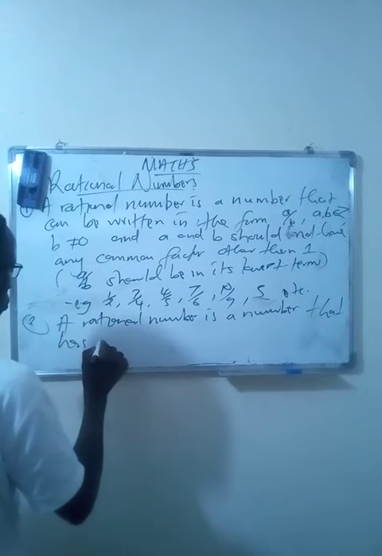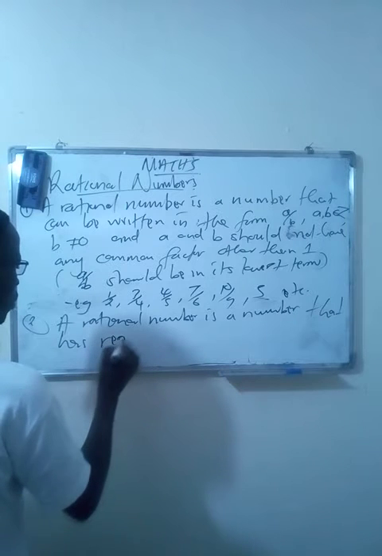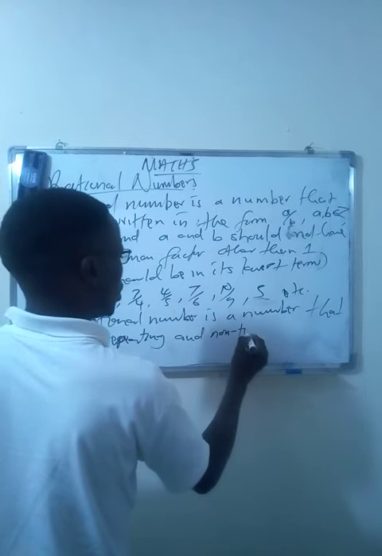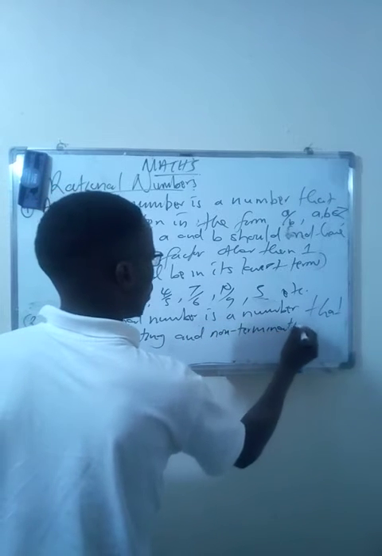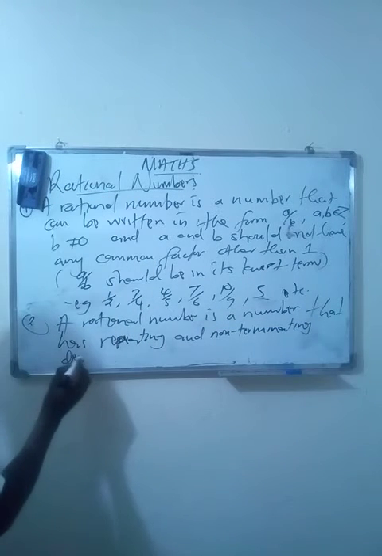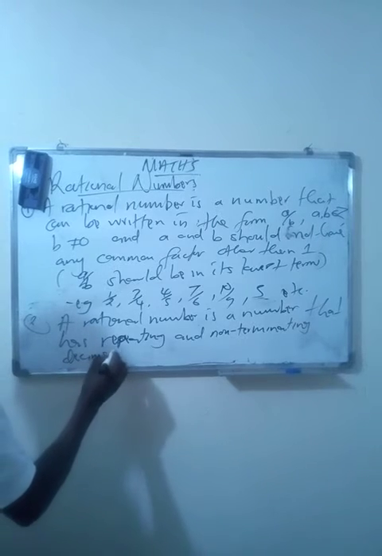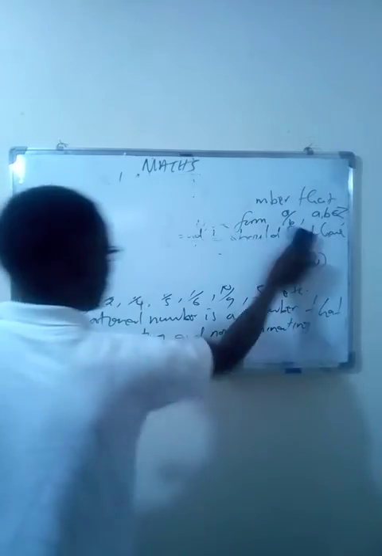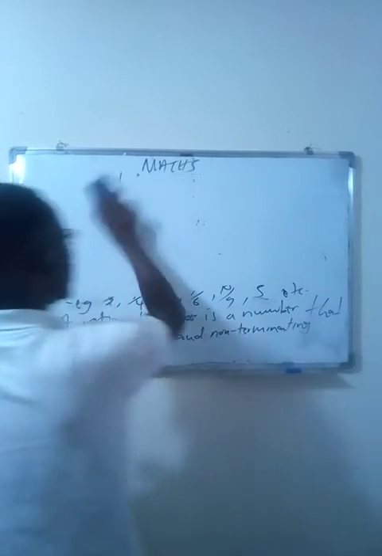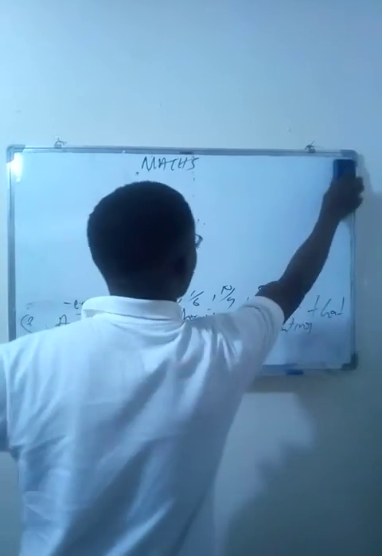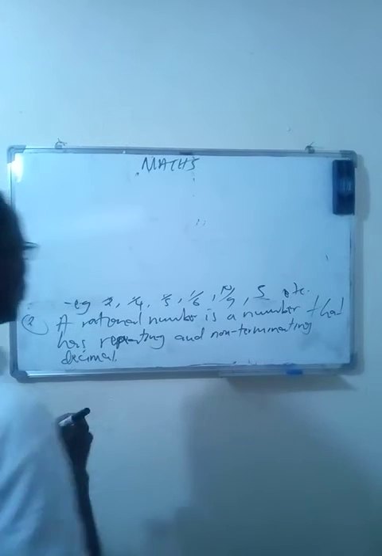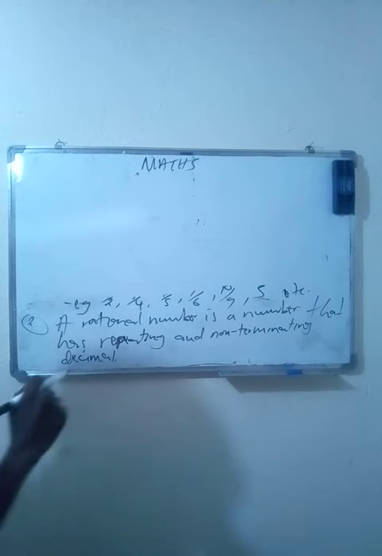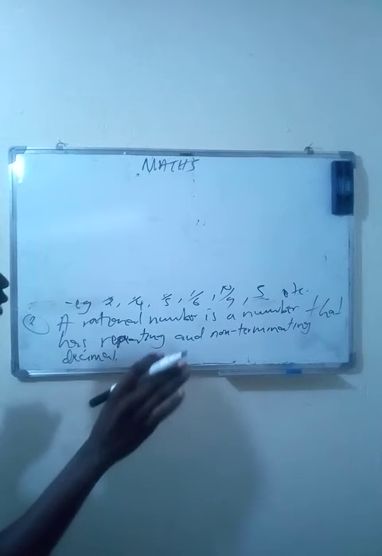What it means is that the same decimal is repeating itself over and over, and it's not coming to an end. So we have an infinite number of decimal places.